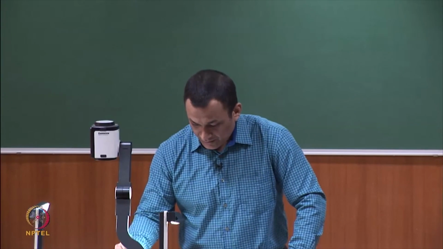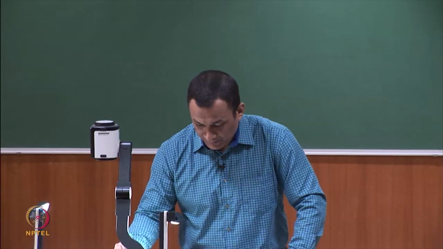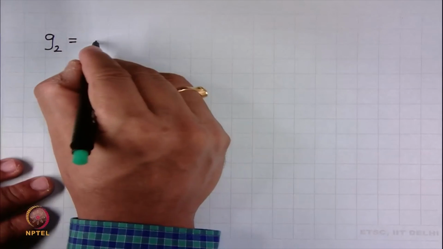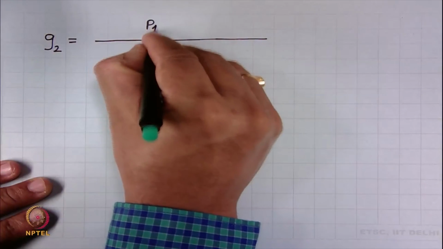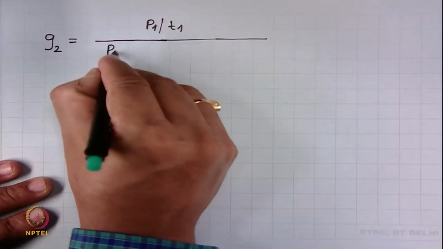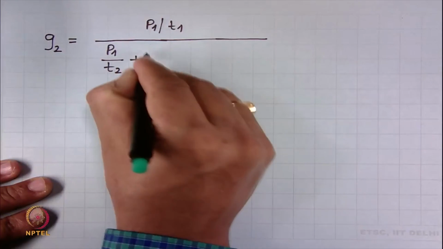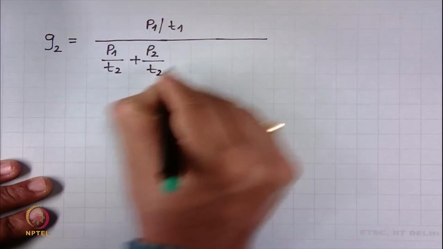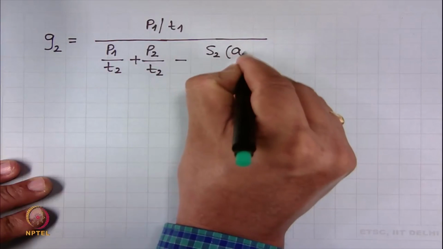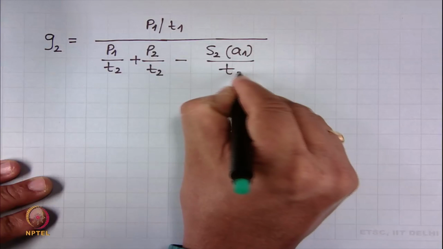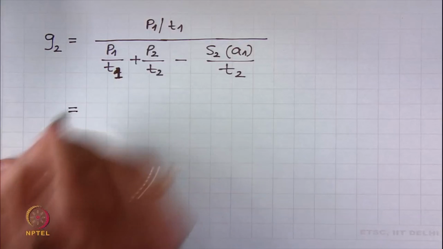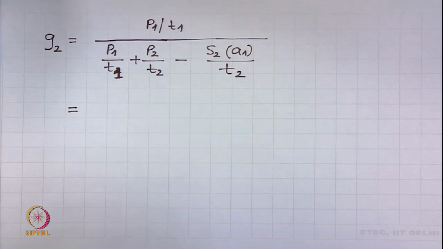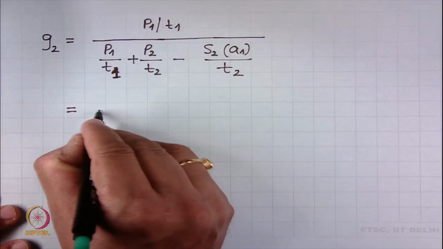So, the blend ratio at which bundle tenacity will be minimum is equal to P1 by T1 plus P2 by T2 minus S2 A1 by T2 in the denominator. Now, in this particular problem, P1 by T1 is given as 0.36.